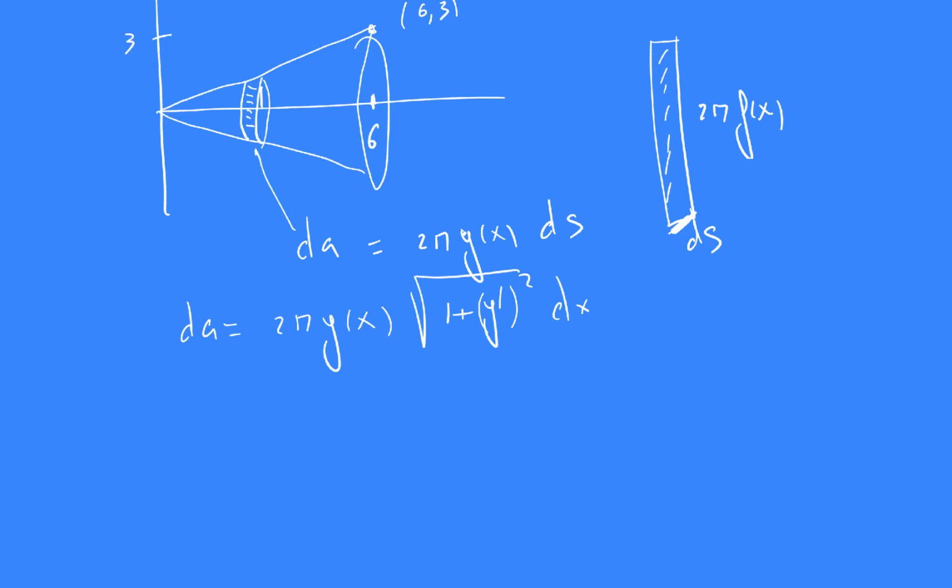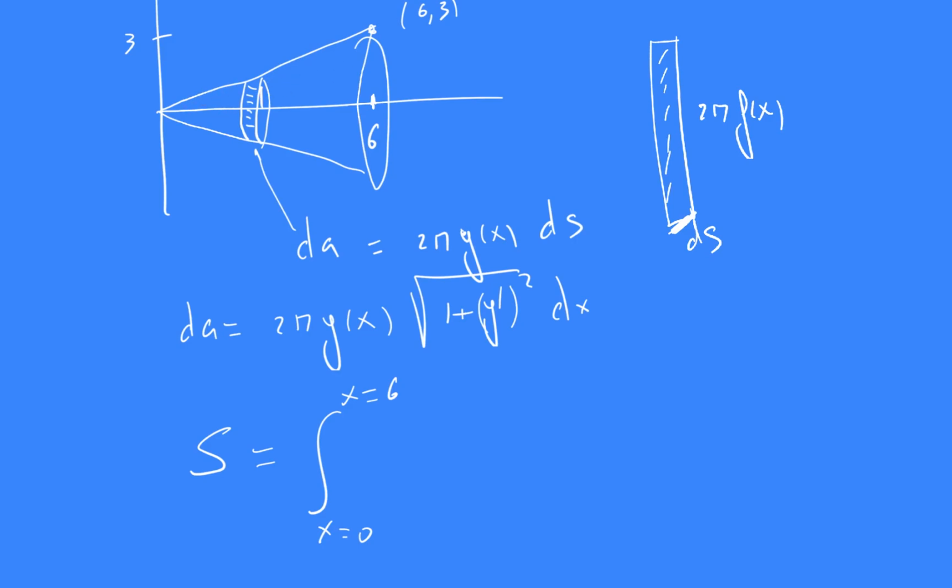The total area, let's call it S, will be the integral from x equals 0 to x equals 6. So it's the surface area of the cone, not taking into account the area of the base, pi times 3 squared. Only the lateral surface of the cone.